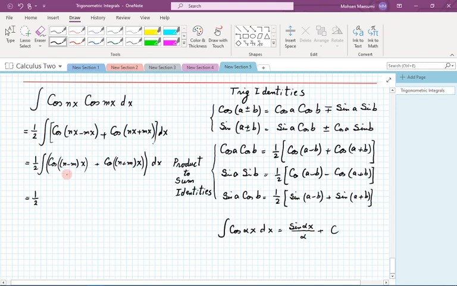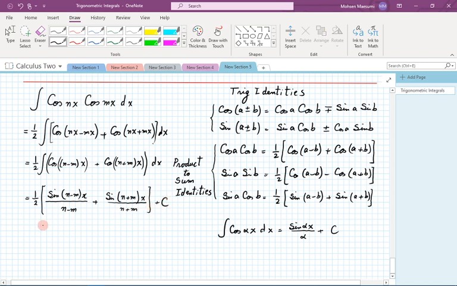How is that to be observed here? If n minus m and n plus m, neither of them are 0, then I can go ahead and write it like this: sine of (n minus m)x over n minus m, and then here sine of (n plus m)x over n plus m, and then you put a constant.